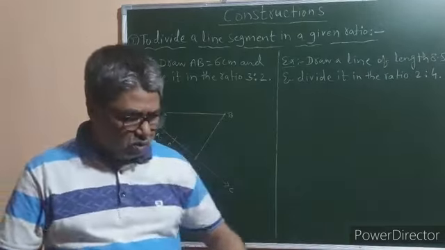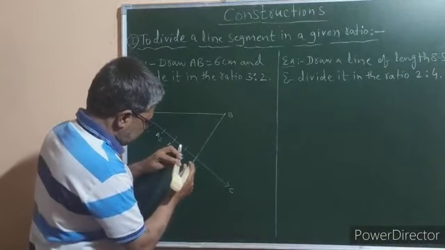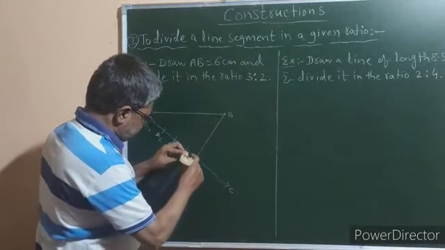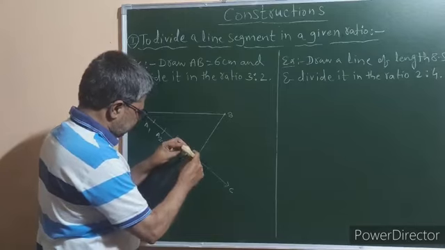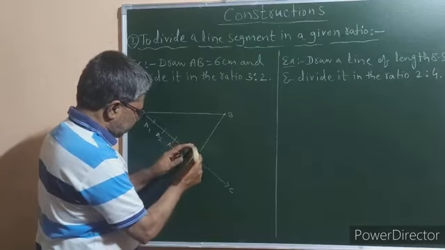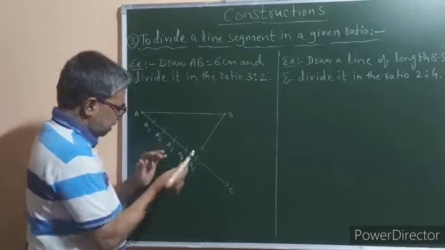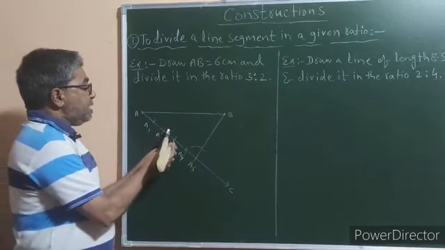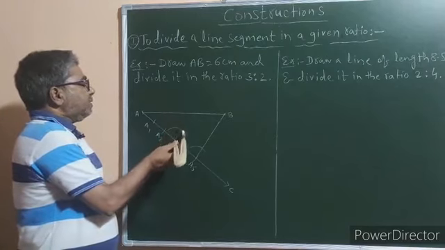So how to draw a parallel line? This is the method: by assuming A5 as the center, by taking suitable distance on the compass, draw an arc like this. Okay, with point A3 draw another arc.